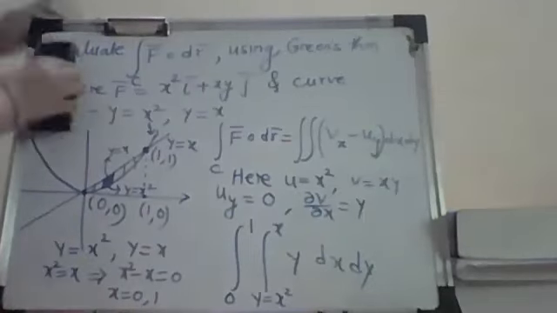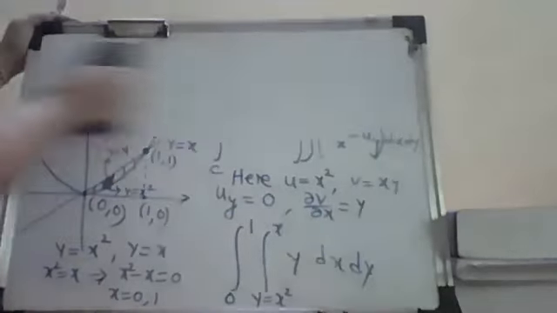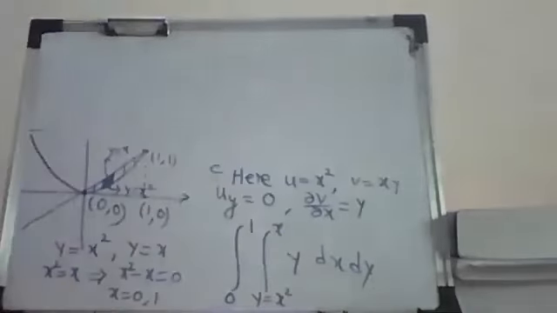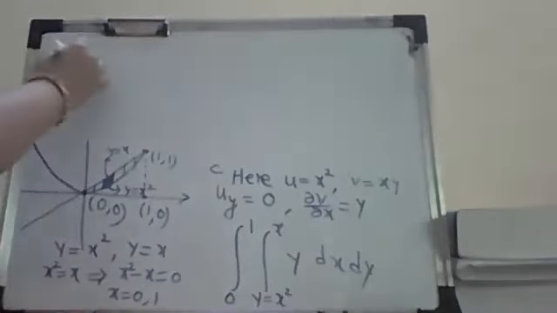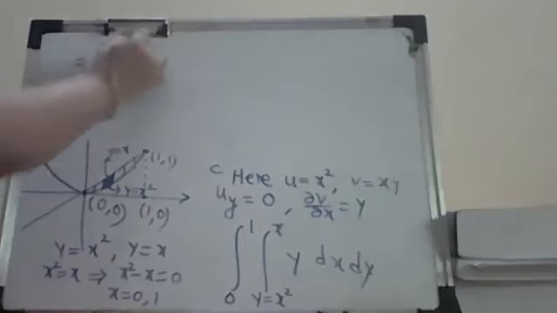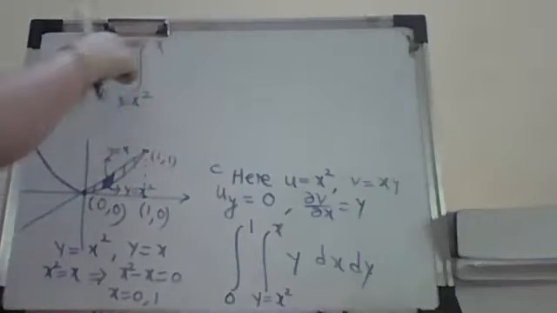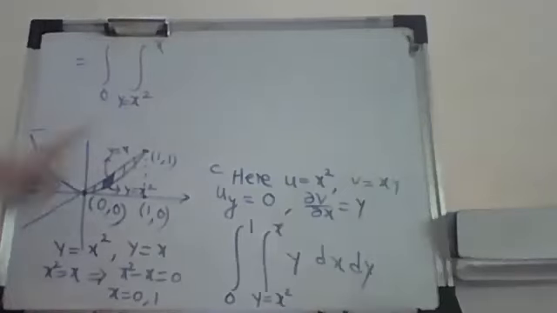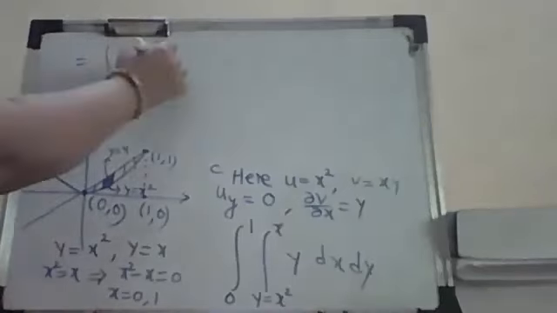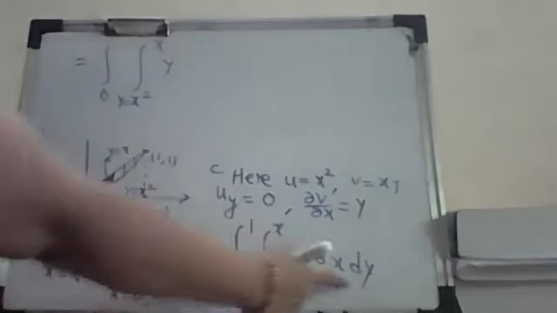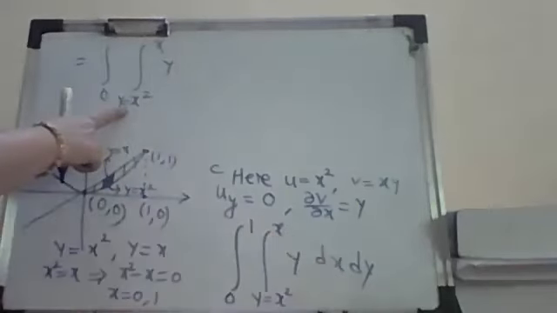Now we'll solve this integration. So this can be written as, I just write it down here, integral 0 to 1, x square to x. If you forget that, then you put y equal to x square so that you understand which we have to integrate first. And then we just change this order because I have to integrate first with respect to y.